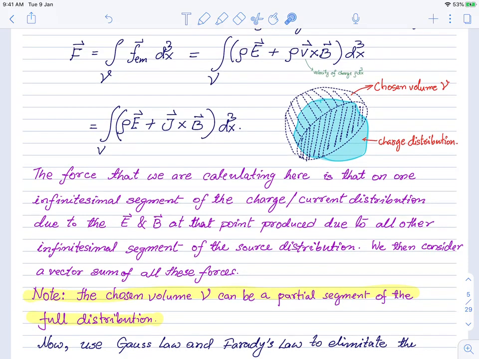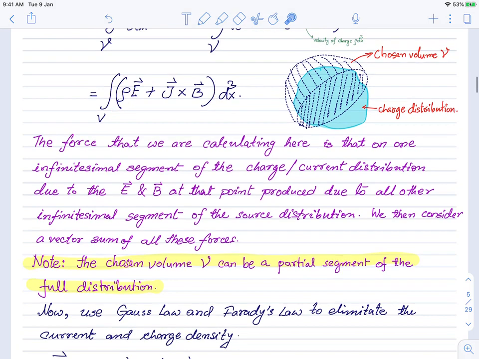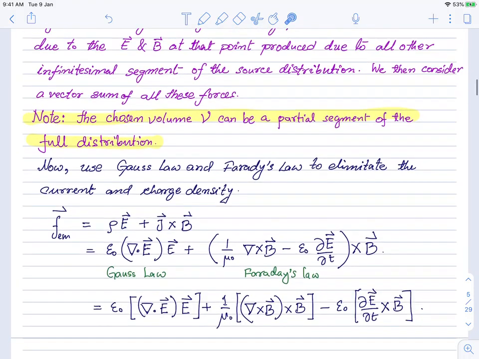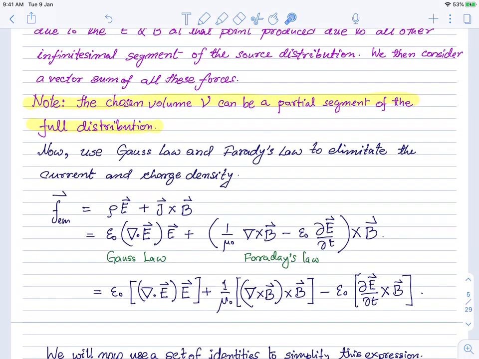Now let us take this force density expression and do some algebraic manipulations on it. Let's start here. The charge density, we can use Gauss's law to write as the divergence of the electric field. We want to write the current density in terms of the magnetic field and the electric field.